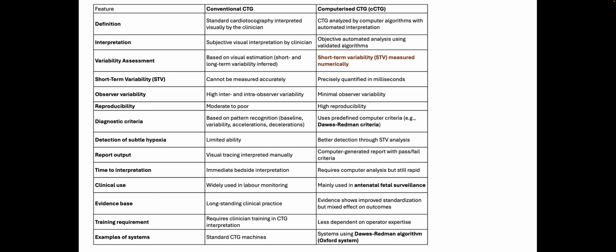It has very good reproducibility, and there are analytical patterns which are given by the computerized CTG, and it's also much less dependent on operator expertise. So there's a move to bring the computerized CTG to the district hospitals, where there are no experienced people. So this computerized CTG may be a more relevant thing to do rather than the conventional CTG. One should know what the differences between these two CTGs are.